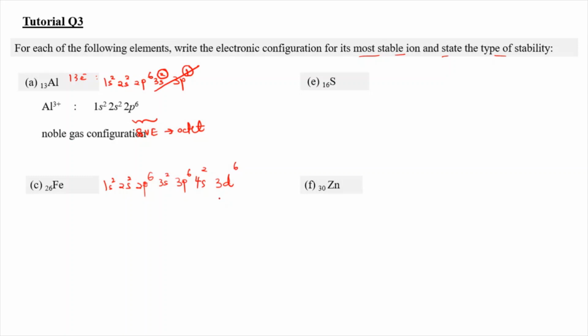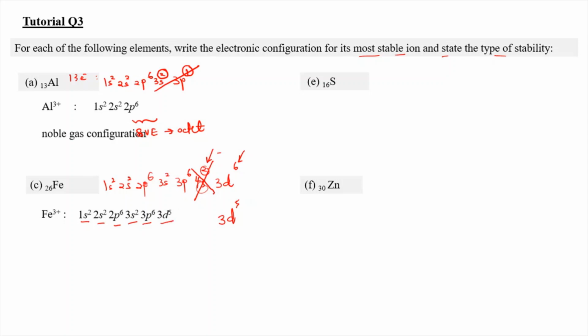So in order to make a more stable configuration, what we're going to do is we need to remove 2 electrons from the 4s orbital, so minus, because we're going to donate, right? So we're going to donate 2 electrons from here, and then 1 electron from the 3d orbital, so that it's going to become 3d5. So as a result, you're going to get 1s2, 2s2, 2p6, 3s2, 3p6, 3d5.